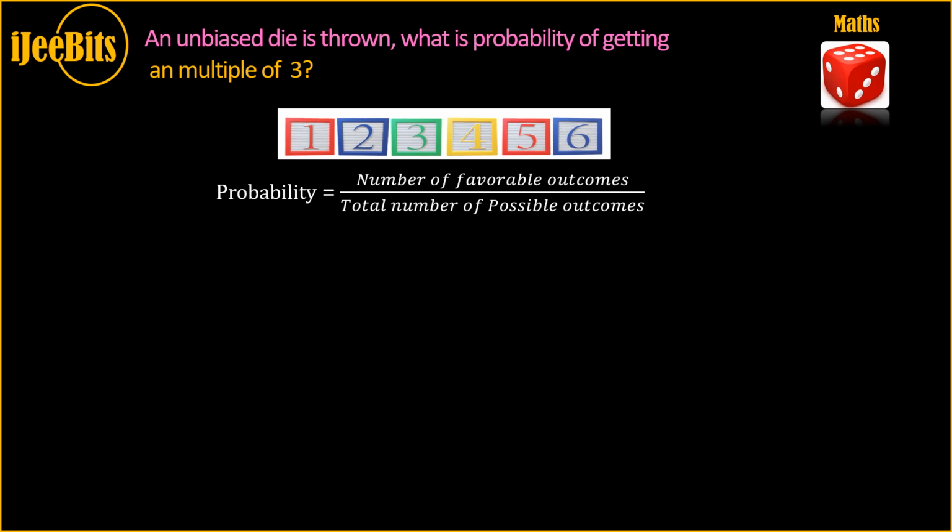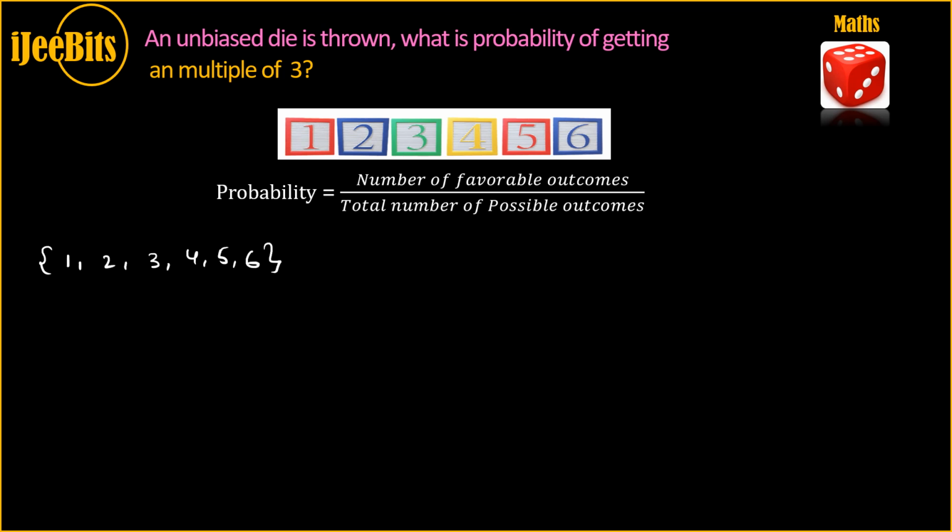See this problem statement. An unbiased die is thrown. What is the probability of getting a multiple of 3? From the given sample set, we have to look at the condition given. That is your favorable case. Your sample space has 6 events: 1, 2, 3, 4, 5, 6.